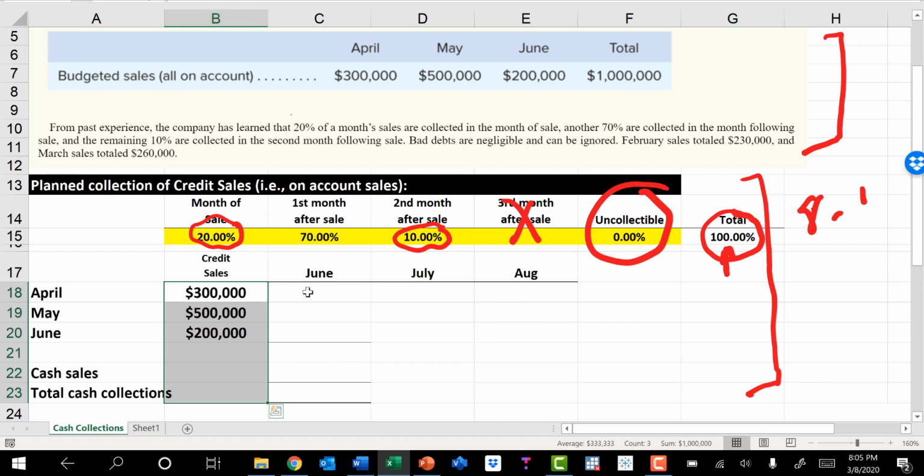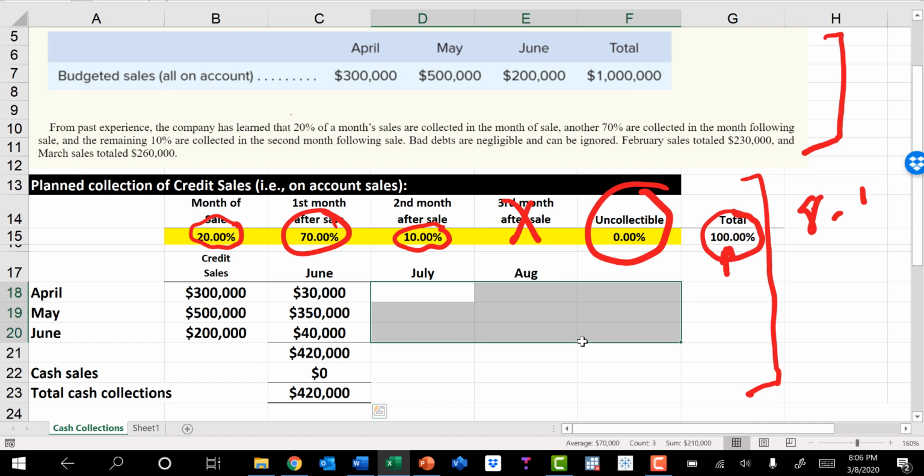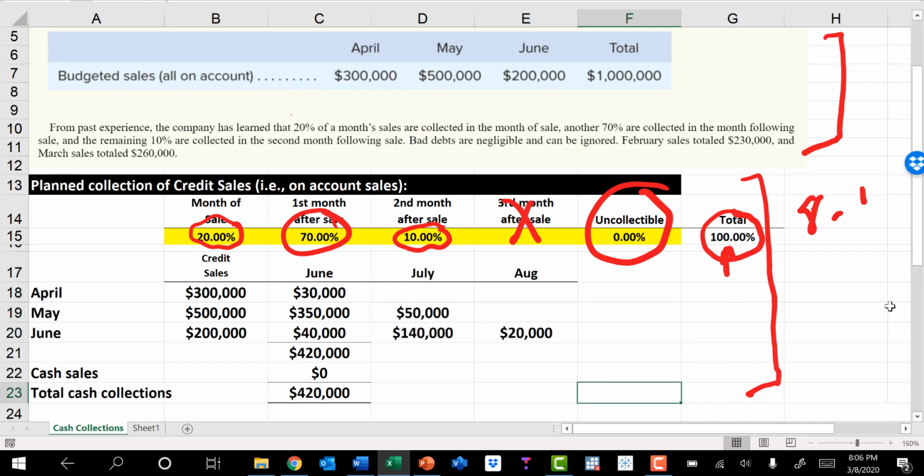And so the cash collections in June are going to be 30,000, that's that 10%, 350, which was that 70%. Okay. And then I got the 20% collected in June of June sales. Now that also tells me that I've got some amounts to collect in July and August. And those amounts were 50, 140, and 20.